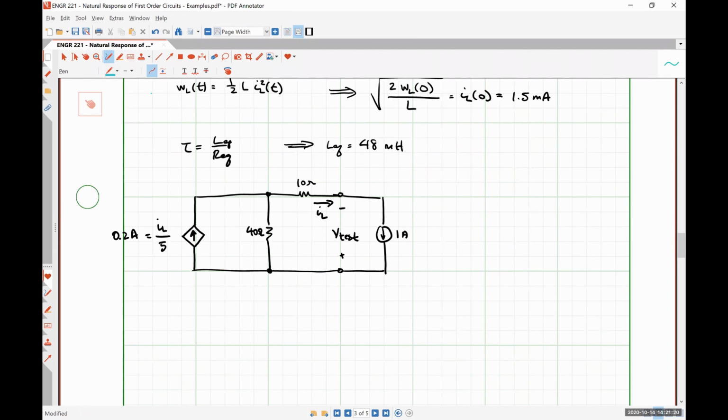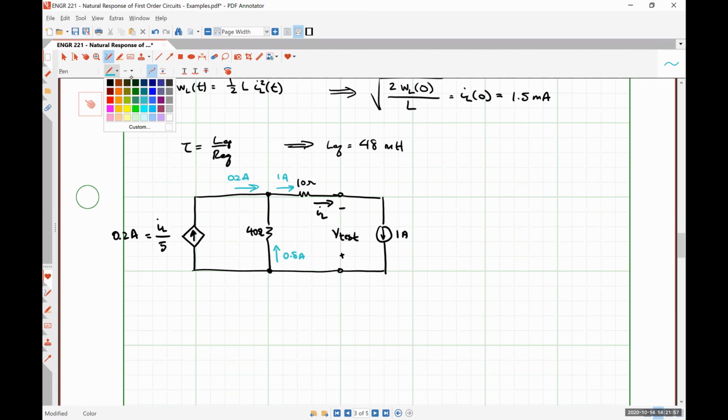We know the current that's flowing through the 10 ohm resistor, right? 1 amp, which means we know the voltage drop over the 10 ohm resistor, 10 volts. We don't know the current flowing through the 40 ohm resistor. We can figure it out pretty easily, right? If 0.2 amps is flowing in, and 1 amp flowing out, then I would argue that 0.8 amps is flowing up this way.